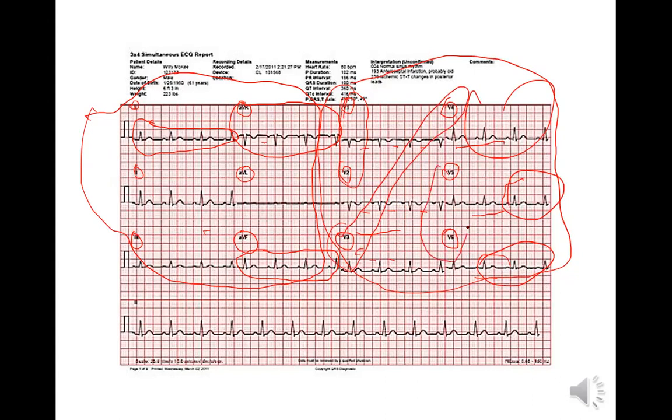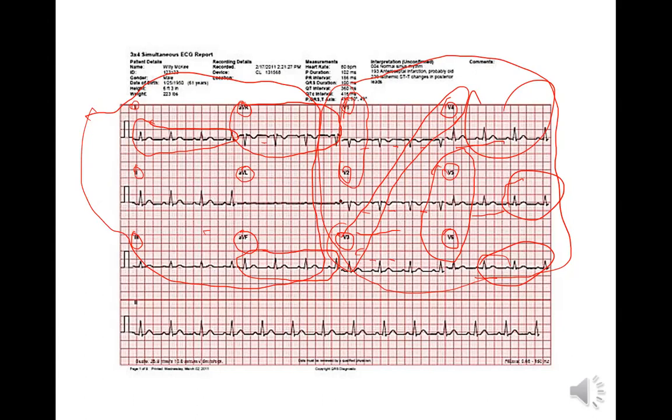V5 and V6 are looking at the left side of the heart. And you're looking at the deflection, right? So baseline: anything above the baseline, R wave especially, is positive, and below the baseline is negative. Q and S technically are the negative waves.